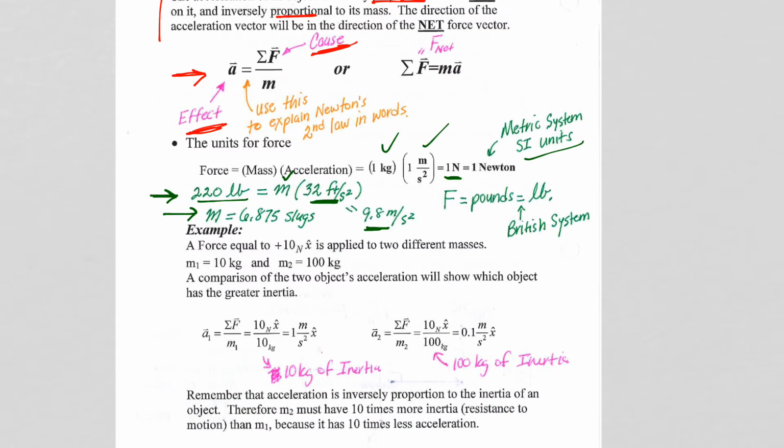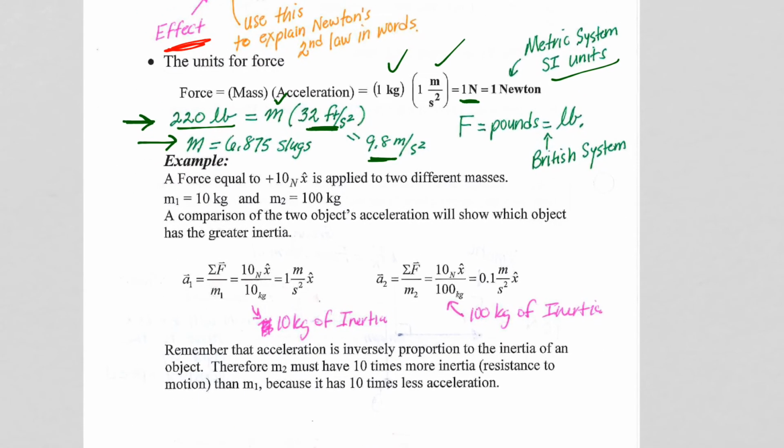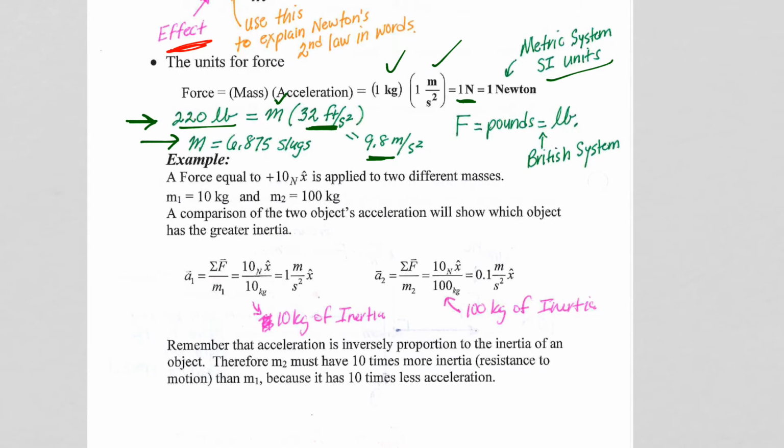How about mass? So what's the effect on mass? Well, it's just what we talked about, being inversely proportional, but it can be dramatic. So if we take a 10 kilogram mass and a 100 kilogram mass, so a factor of 10 bigger, and if, for example, in this problem, we allow 10 newtons to act on both, so the same 10 Newton force acting on both, well, that inertia property of matter is 100% real.